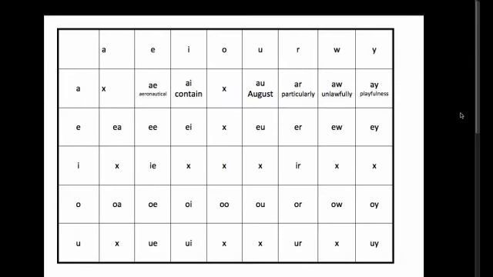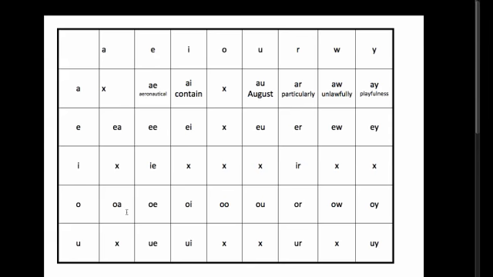Your vowel generator should now look something like this. Let's have a look at a few of the lines. There are some observations that are worthwhile noting. Firstly, E goes with just about everything except O. I isn't that friendly. It has IE and IR, and that's it.